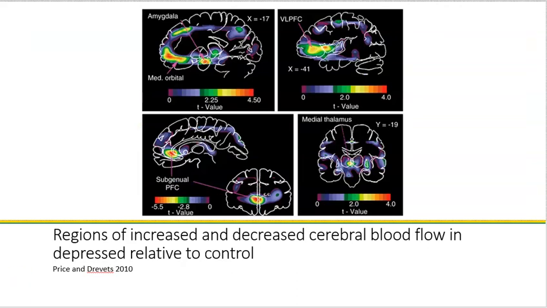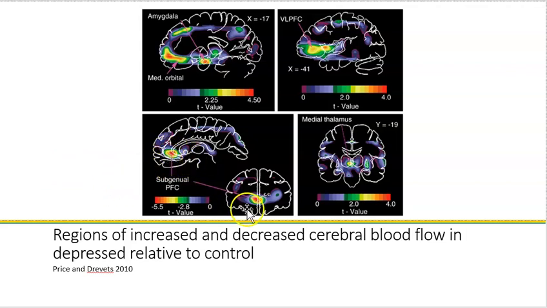And then this one is looking at regions of increased and decreased cerebral blood flow in depressed relative to control. So pretty much we're just looking at how does blood flow change in the amygdala, the thalamus, in different brain areas with depressed patients versus non-depressed patients.